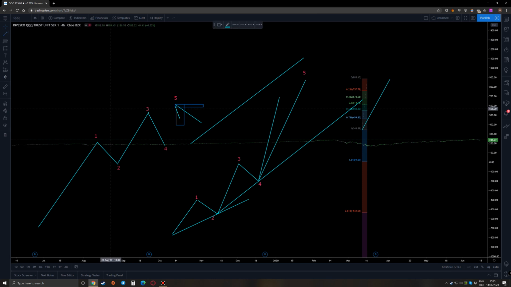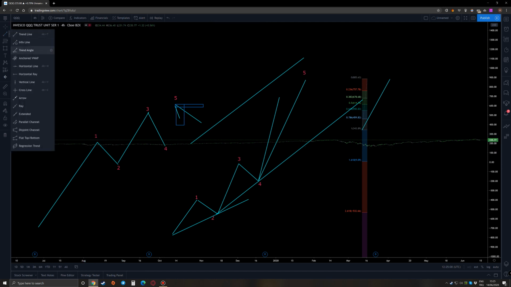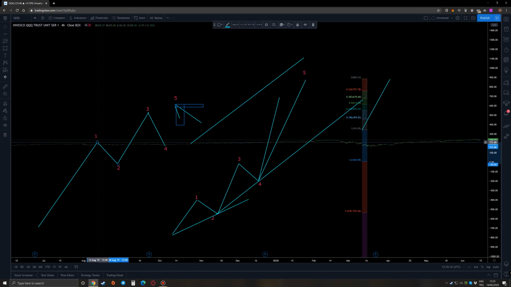Where is the territory of the second wave? It's between here and here. Between these two horizontal lines, it cannot come anywhere near. If it did, it means that you are not in a classical impulsive move.